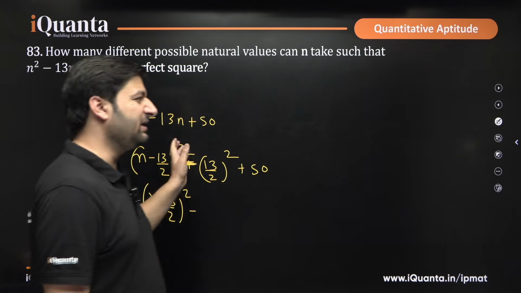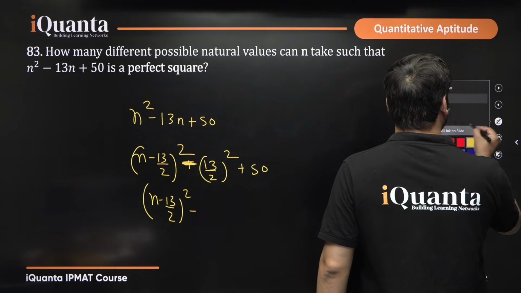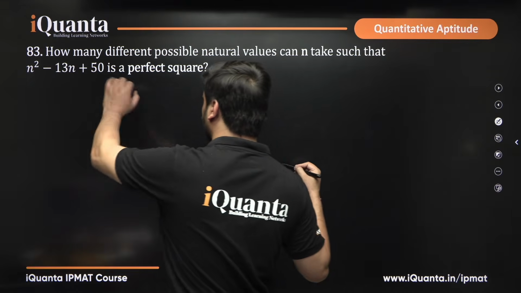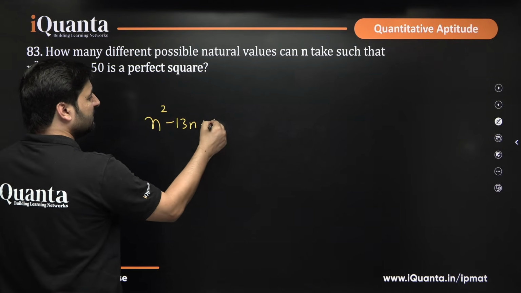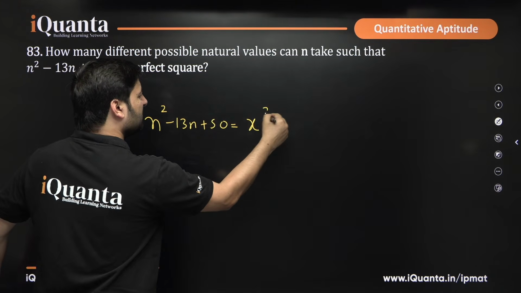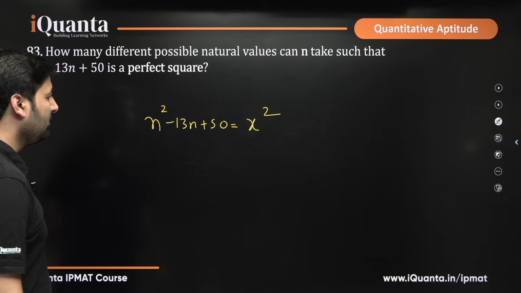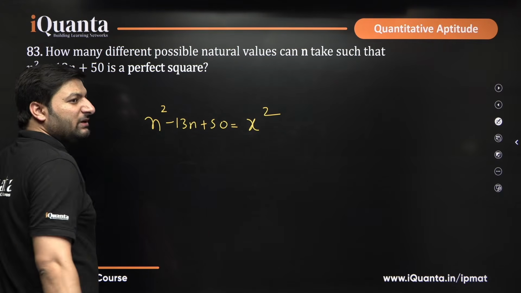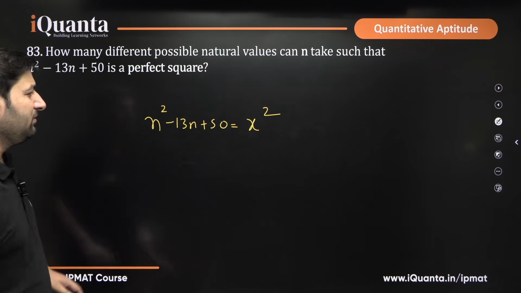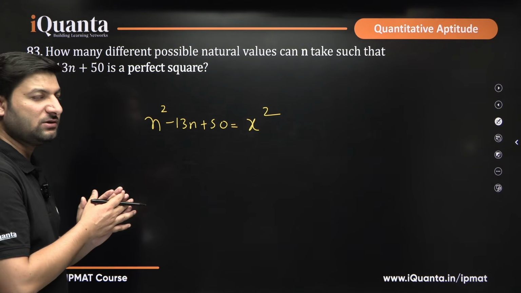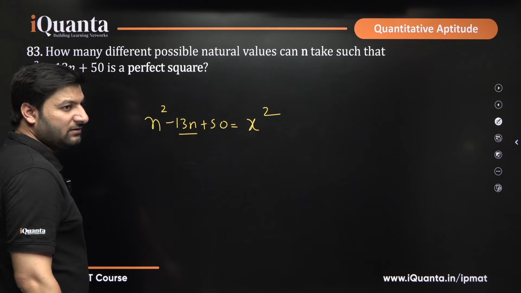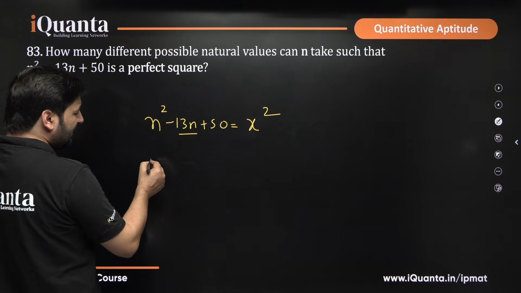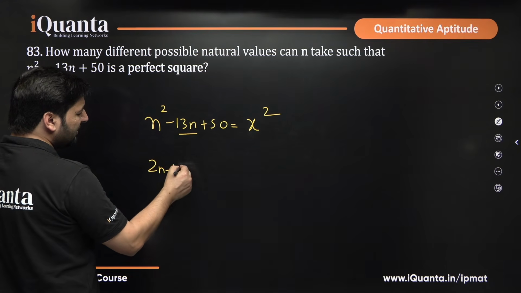So, in such cases what you have to do is, you know that this has to be made a perfect square. So, let us say that n square minus 13n plus 50 equal to some perfect square, x square. Okay. Now, try to complete the square. We will try to do it, but we will try to minimize fractions. So, how can we minimize fractions? I need 13n over here. So, can I write it like 2n minus 13 whole square?